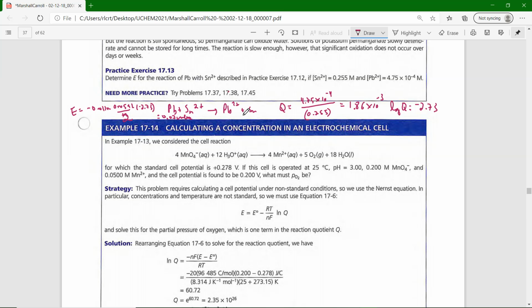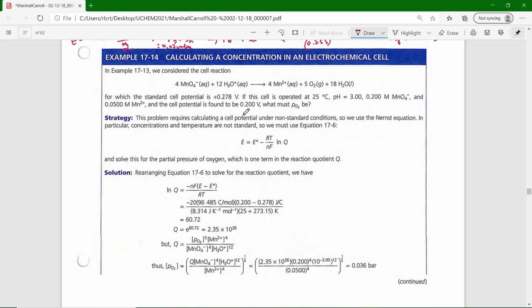Example 17.14 is shifting things about a bit. For this one, we looked at it. We got the standard cell potential was 0.278 volts, this permanganate thing. And suppose the cell potential under non-standard conditions was 0.2. So E is 0.2. E naught, we got from our table, is 0.278. We want to get the partial pressure of oxygen.